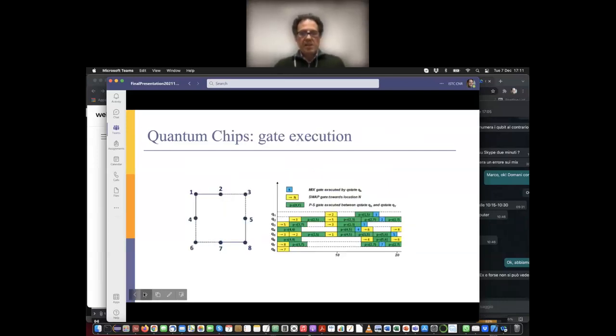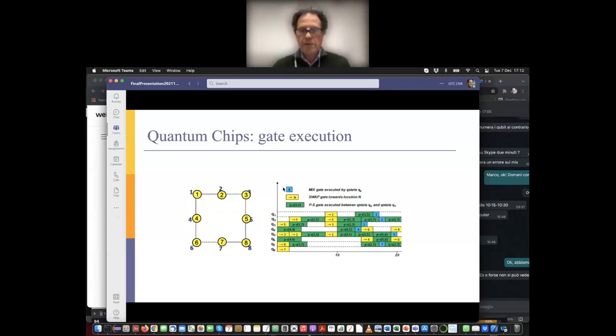Just the intuition about the problem. Suppose we have a quantum processor with 8 qubits, and the edges represent the physical links where we can execute the quantum gates. On the other side of the slide, we have our circuit, composed of swap and other gates.